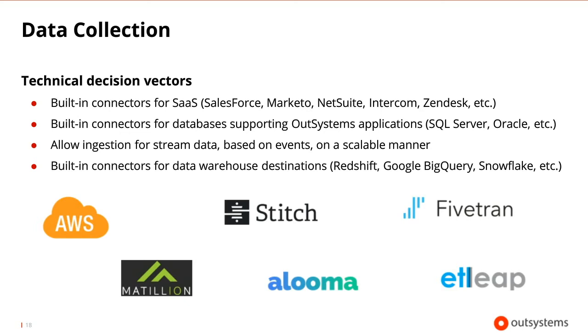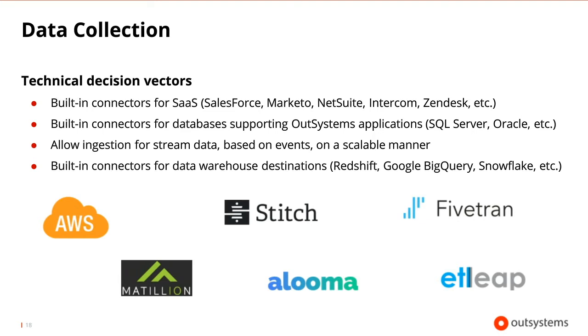Things like Salesforce, Marketo, NetSuite, Intercom, Zendesk, etc. We also wanted to make sure that they had connectors for the databases that we use internally to support our own applications, of course, that would be able to handle stream data and have support for a variety of warehouse destinations. And right from the start, we knew that Snowflake would be an option here, so we were looking for support.